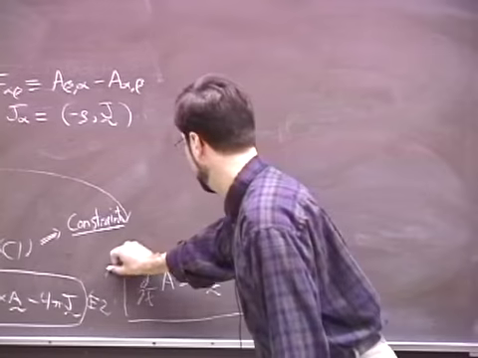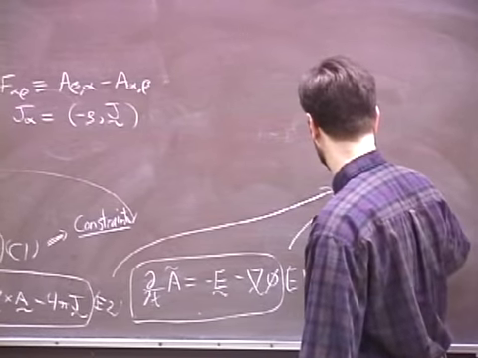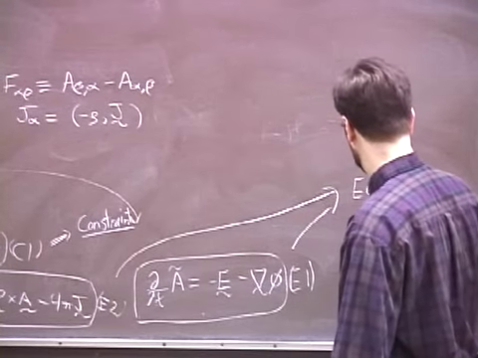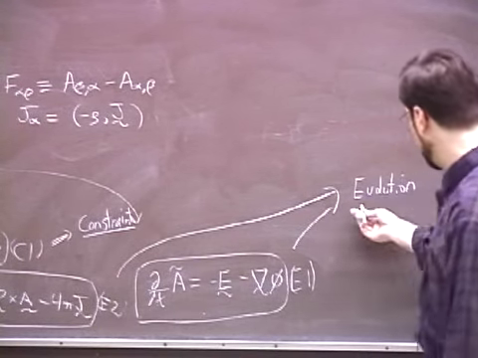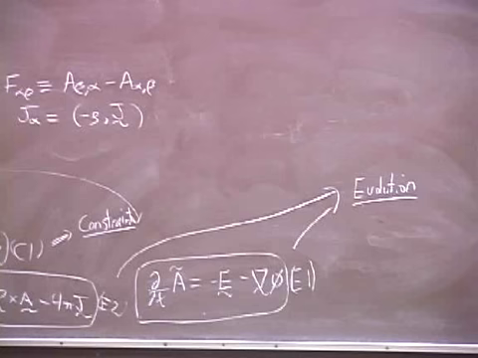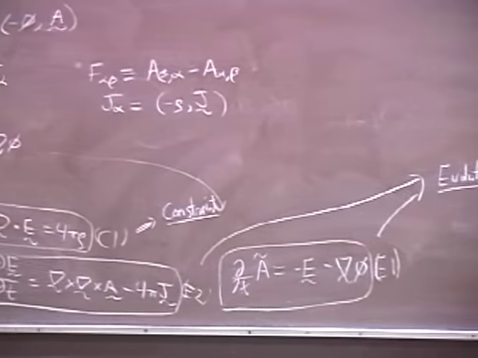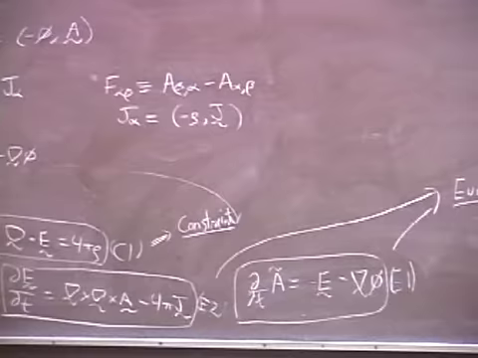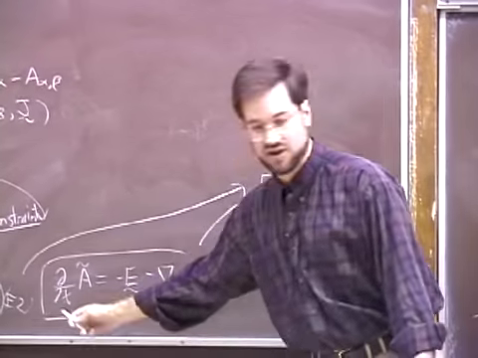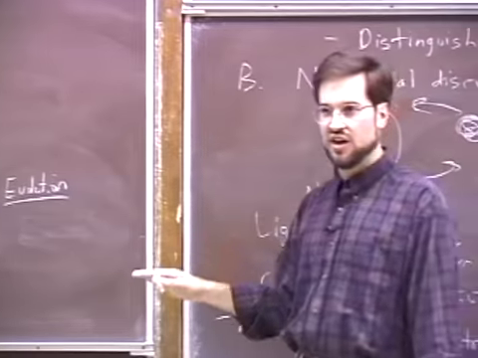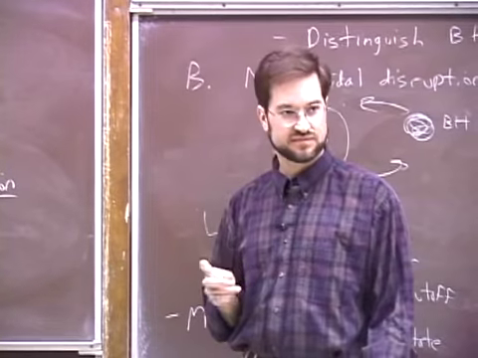And these two equations I call E1 and E2, E stands for evolution equations, because these tell you, given a particular value of E and A at a particular time, what happens to A and E as you evolve into the future.